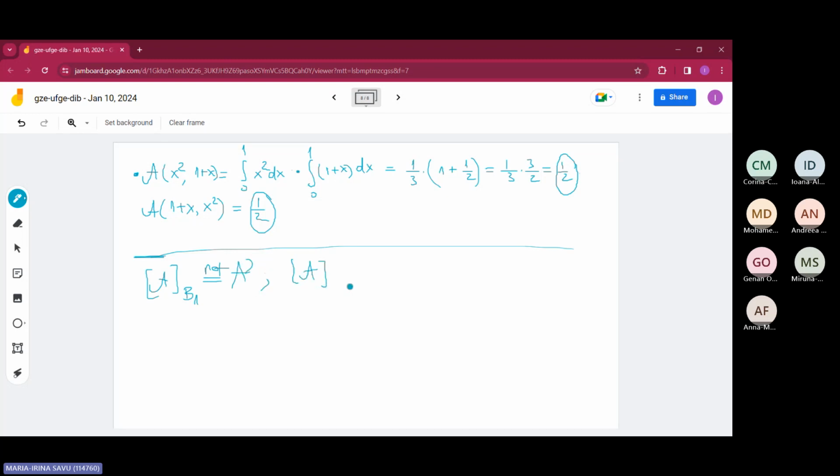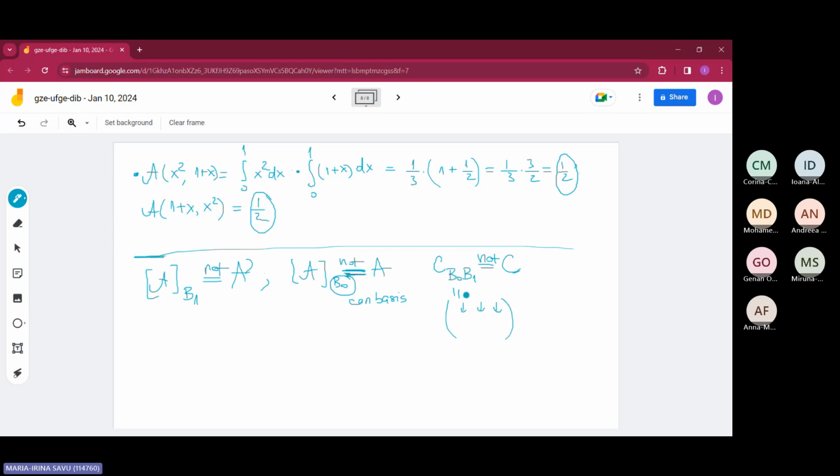And the matrix of A with respect to B0, where B0 is the canonical basis, is denoted by A. And the change of basis matrix from B0 to B1 is denoted by C. But C from B0 to B1 is the matrix in which you put the elements of B1 here using the canonical basis.